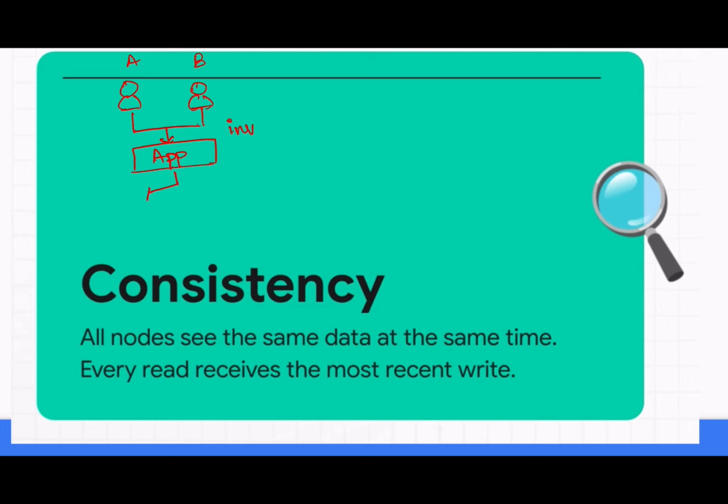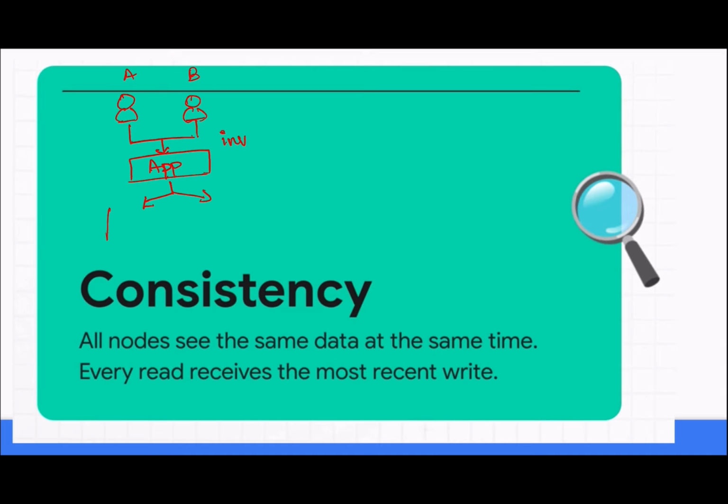The application might get the data from two replicas, replica X and replica Y. If A and B are querying the application at time X, they should be able to get the same product with the same quantity at that particular time.